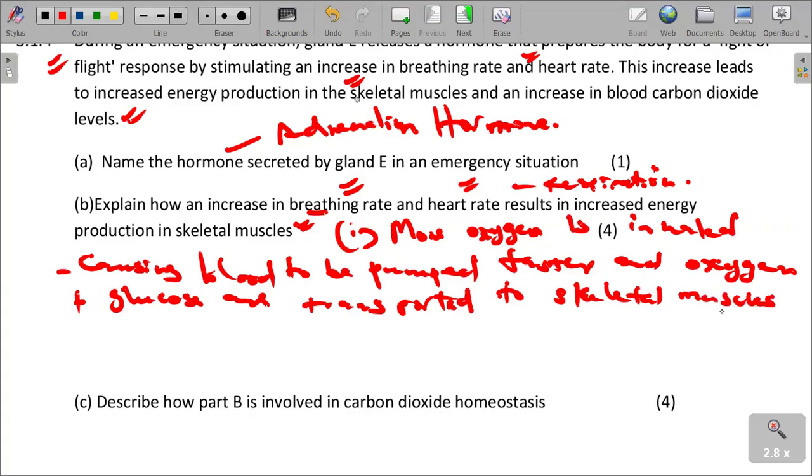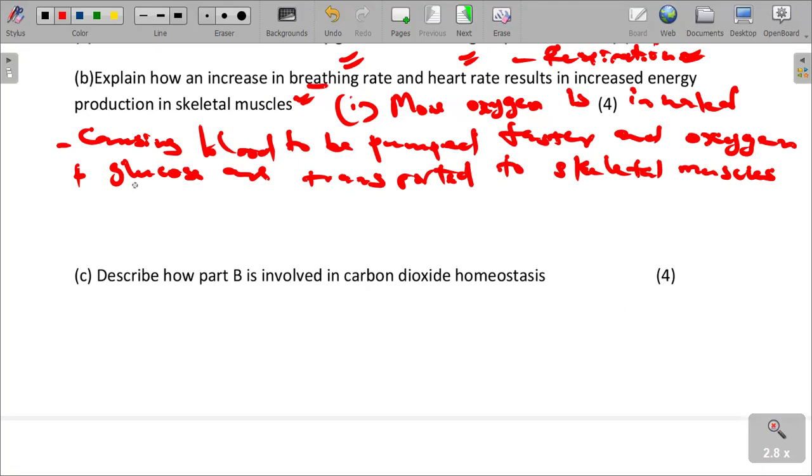They are transported to skeletal muscles, which will result in an increase in the rate of cellular respiration. So, like I said, respiration must increase, because more energy is produced. The metabolic process that results in more energy production in the body is respiration.